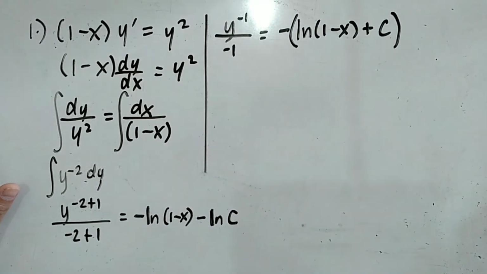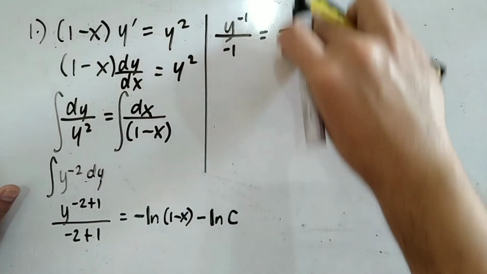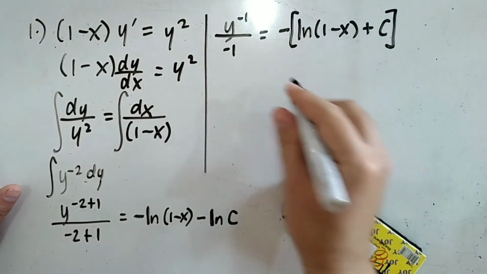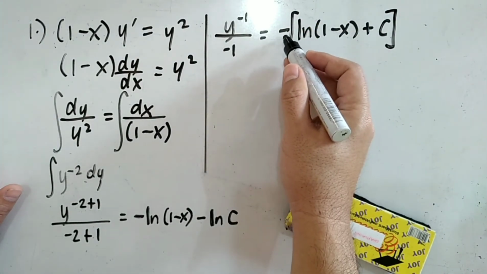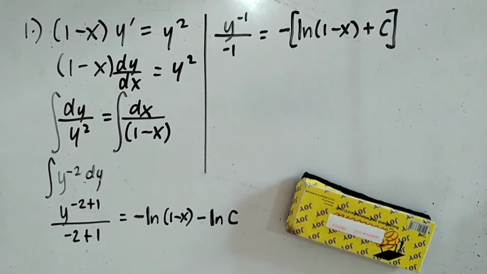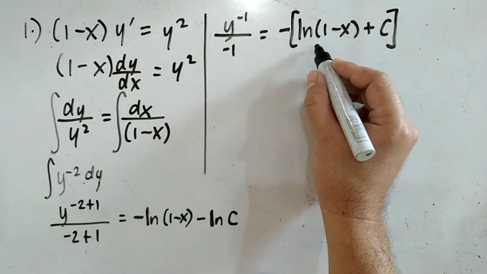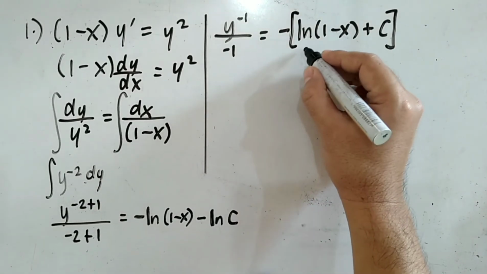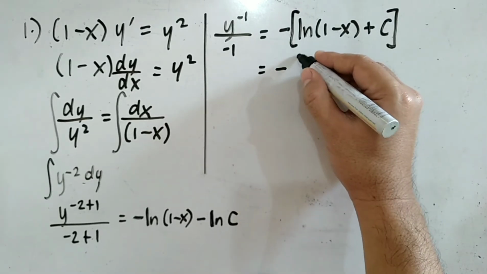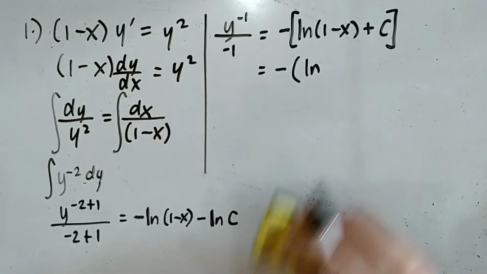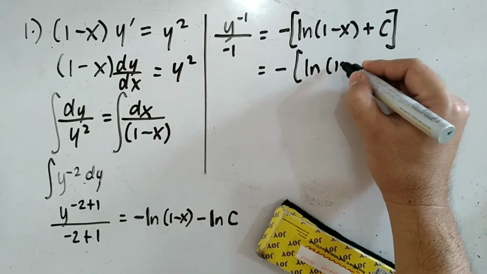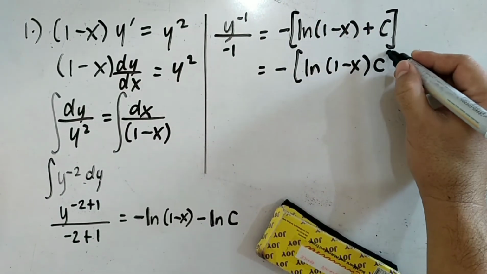So negative 1 has already been factored out, the negative expression. So we can now proceed with simplifying this one. We have ln of 1 minus x times c.